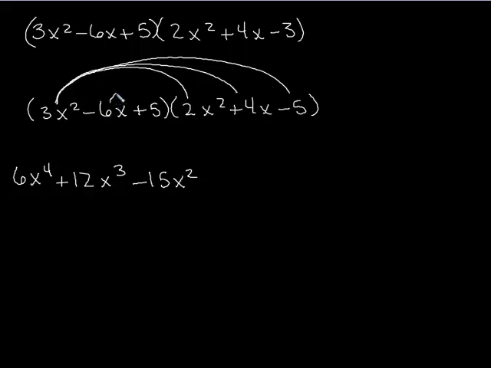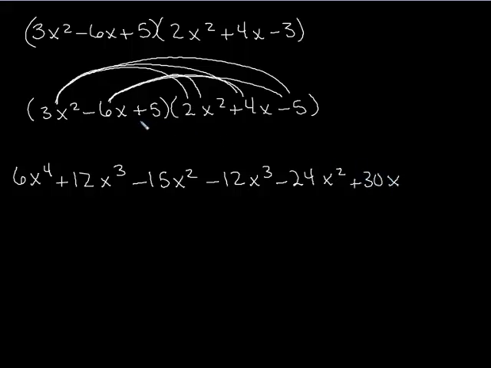Then negative 6 times 2x squared will give me negative 12x to the 3rd. Negative 6 times 4x will give me negative 24x squared. Negative 6x times negative 5 will give me plus 30x. 5 times 2x squared will give me 10x squared. 5 times 4x will give me 20x. And 5 times negative 5 will give me negative 25.